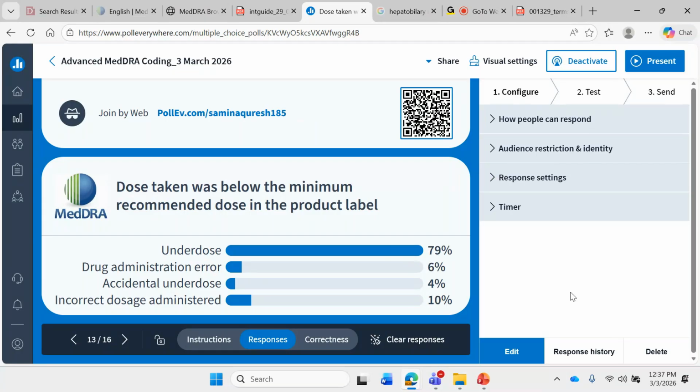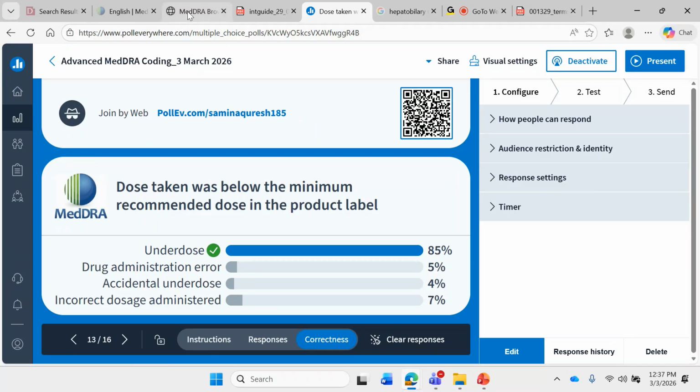Okay, good, excellent. So I'm seeing again, thankfully, the majority of my attendees are saying the correct answer, which is underdose, because this is the concept description for underdose: a dose taken below the minimum recommended dose in the product label.